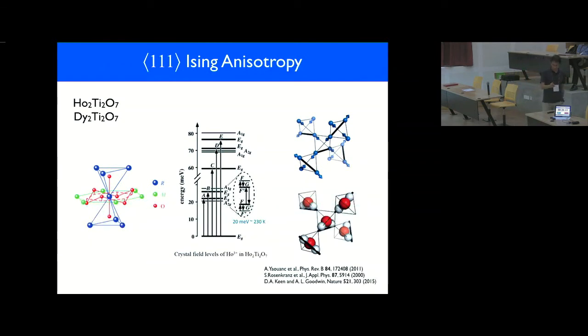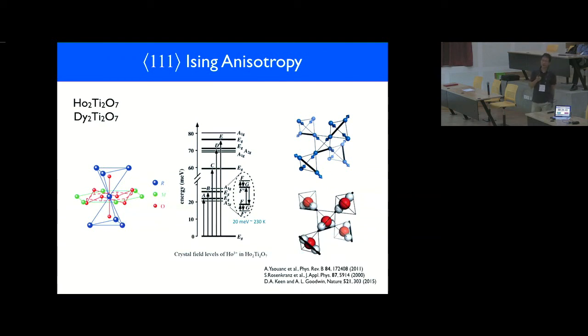In these systems there's a single-ion anisotropy, and this anisotropy is along the 111 direction of the lattice. The spin will either point into the center of the tetrahedron or point out of the center of the tetrahedron. That defines your Ising variable, in or out.